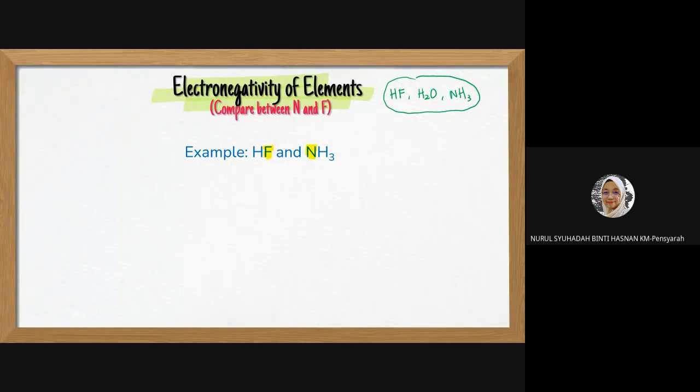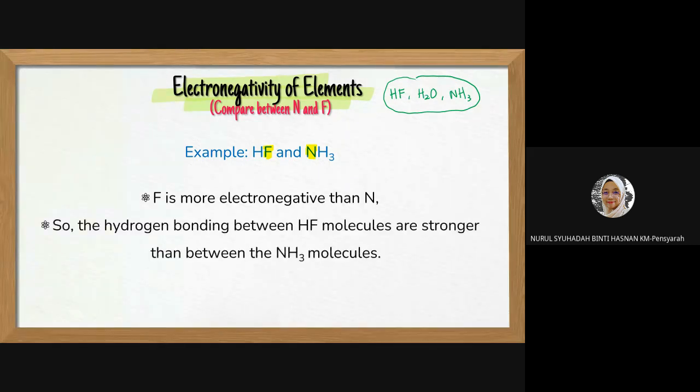Yes, fluorine is more electronegative than nitrogen. Jadi, since fluorine is more electronegative than nitrogen, it will have stronger hydrogen bond. Kita akan kata F is more electronegative than N. So, the hydrogen bonding between HF molecules are stronger than between NH3 molecules.